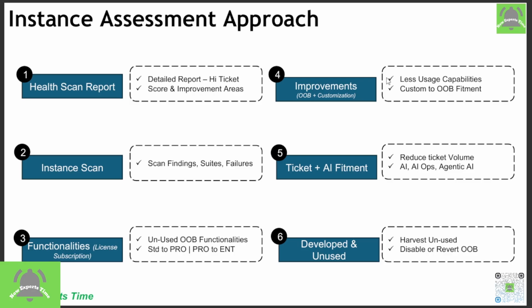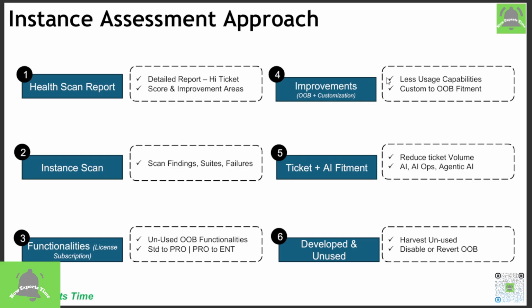That is number 1. Number 2: you have an option to run a scan in the instance to identify the problems on the platform side. First, you should have administrator rights in that ServiceNow instance. Based on the administrator rights, you have the capability called instance scan. You need to run that scan.